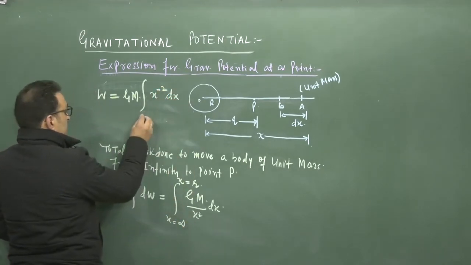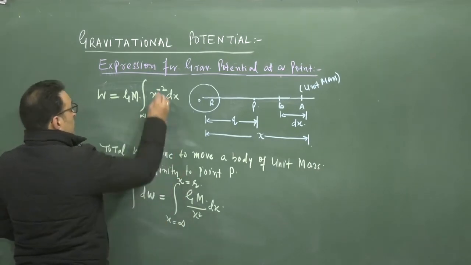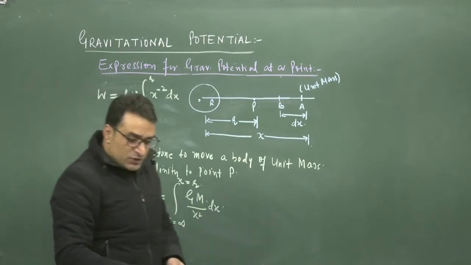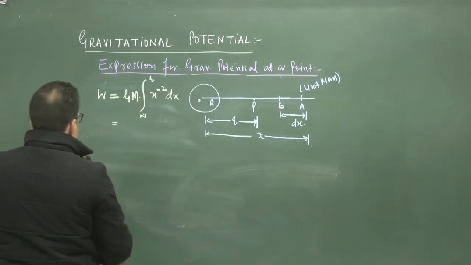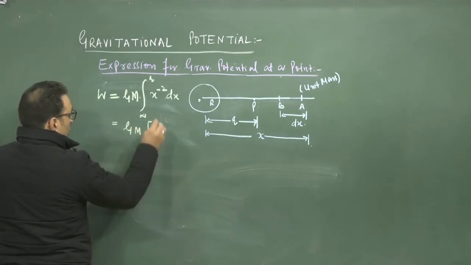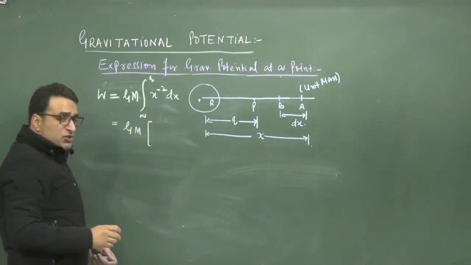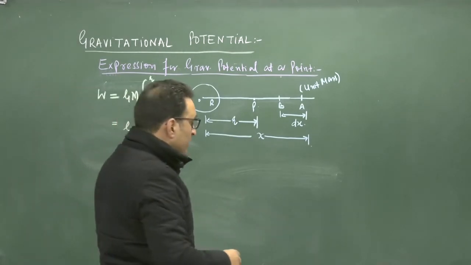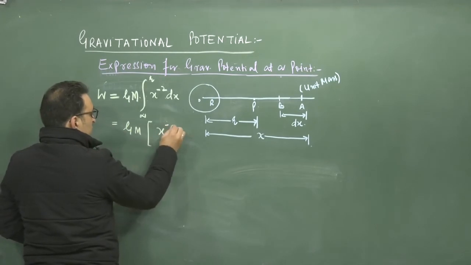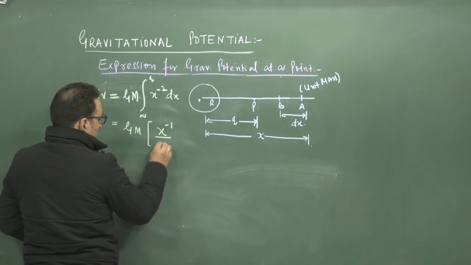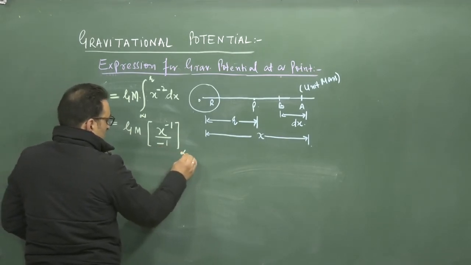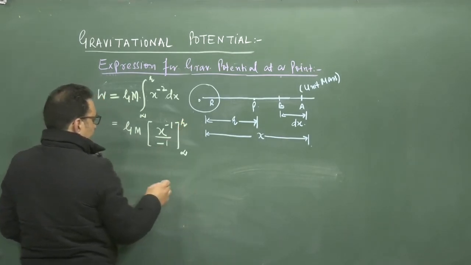Now limits will be infinity to r. Now let me integrate this equation. We are left with GM. Now integration means x raised to power minus 2 plus 1 divided by the whole power. Here minus 2 plus 1 gives minus 1, or you can write in denominator whole power. This is infinity to r.